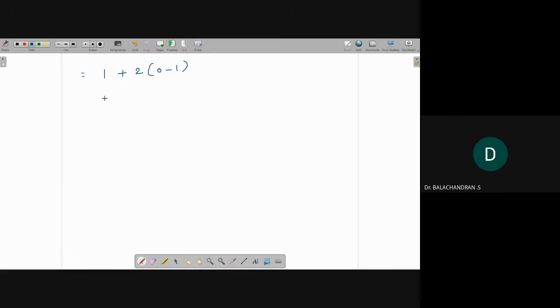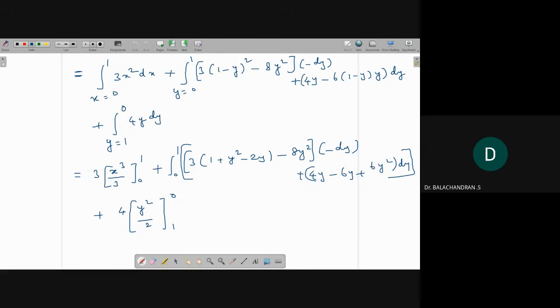Only we should concentrate on the second integral.